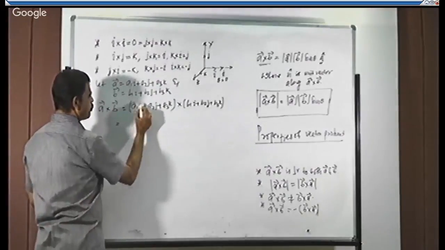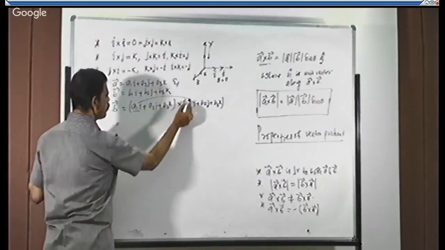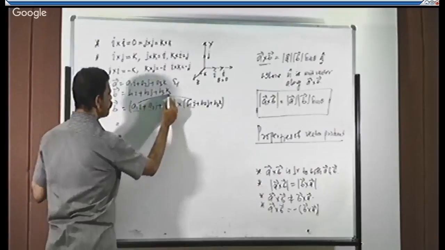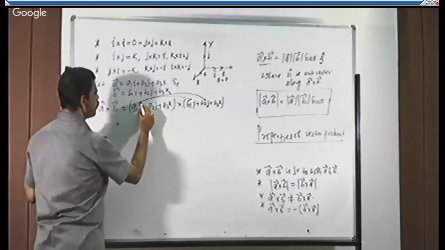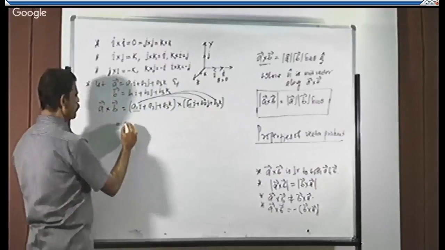How to multiply it? It is an algebraic operation. A1 I is to be multiplied with B1 I, with B2 J, and with B3 K. So what will we get?